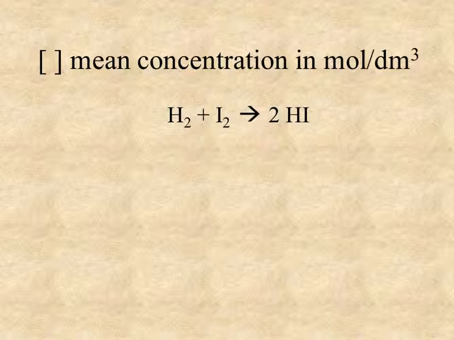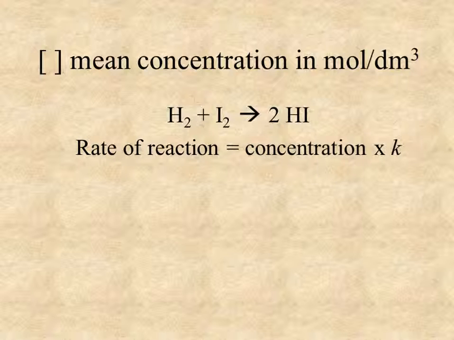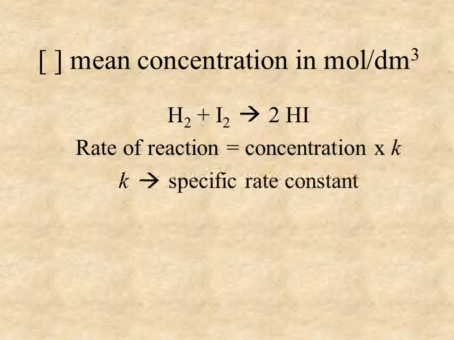If we consider a simple reaction, hydrogen plus iodine to form hydrogen iodide, we can calculate the rate of the reaction if we consider the concentrations and also something called a proportionality constant. In this case, it's a specific rate constant represented by k. Now, this is a constant that is experimentally determined.